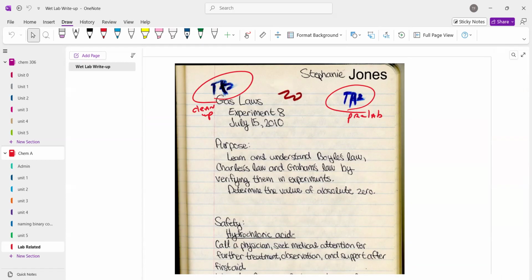And that's the PDF file that you created. Okay? So if it's a wet lab, you're going to be scanning your lab book. If it's a dry lab, you're going to be scanning the packet, the lab packet worksheet. Okay, does that make sense? On your phone, you have a scanner. There are lots of free ones, don't pay for them.